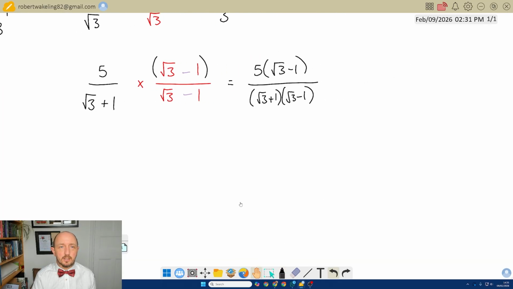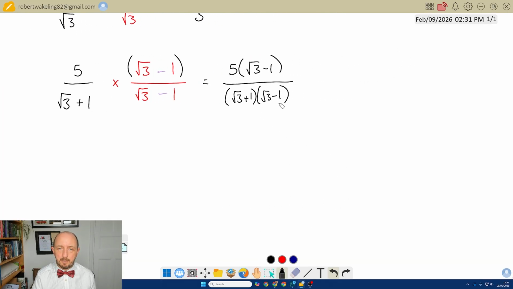So we're just going to go to the side here and look at what this expansion looks like. Root 3 times root 3 is just 3. Okay, root 9. Minus 1 root 3, which would look like that. We don't need to bother with the 1. Plus root 3. So that's plus 1 lots of root 3. And then 1 times minus 1 is minus 1.